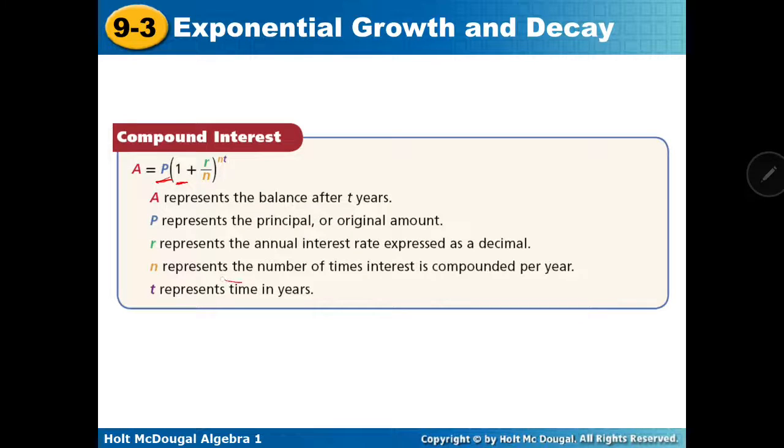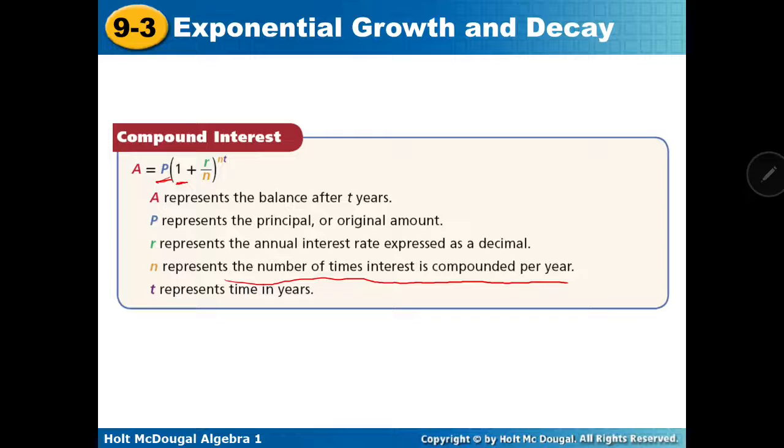N represents the number of times interest is compounded per year, and that happens if the bank or the company counts the benefits not after the first year or the second year, but after many months or after a month.